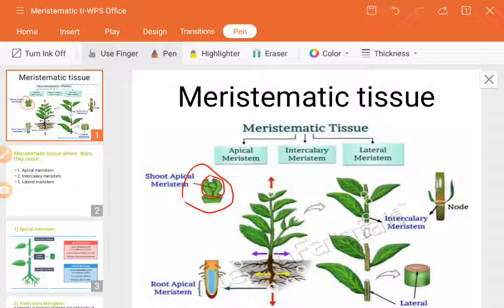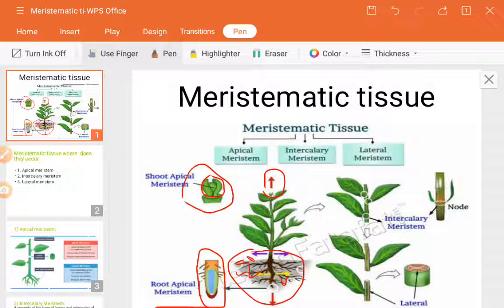I told you the tip is nothing but this one also, that is an apical meristem. And here they have also shown the root, this portion. Each and every root has an edge, a sharp end. So that is nothing but a root apical meristem.